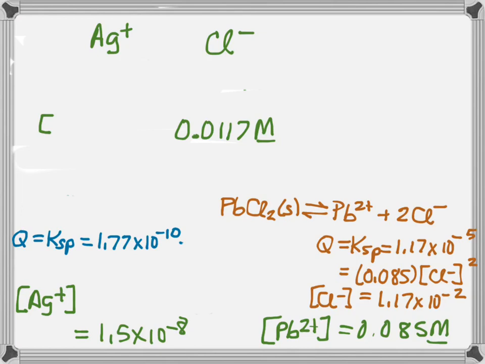At that point, the lead will precipitate. But this has already precipitated some of the silver. The silver started out at 0.025 molar. That was our initial. Chloride was essentially 0. And that's an E because I forgot the bar in the middle.